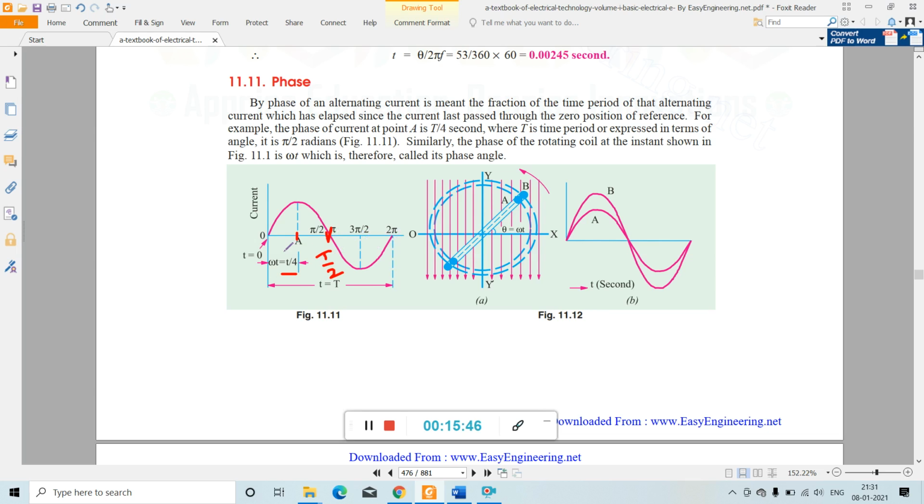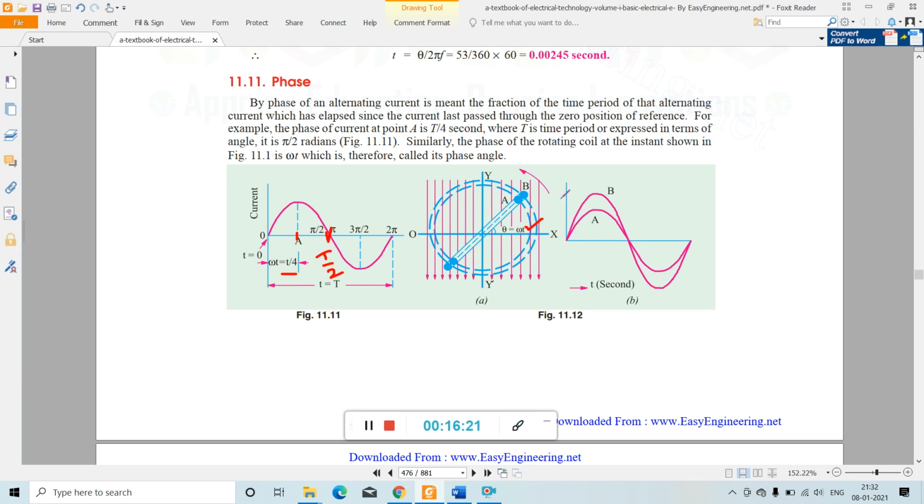But if we represent it in angle, at point A its phase is pi by 2, at this point pi, at this point 3 pi by 2, and at this point 2 pi. In the case of a rotating coil, at this instant its phase is omega t, because it is in this direction and making angle theta with the x-axis. So theta is equal to omega t, and this is also called the phase angle.